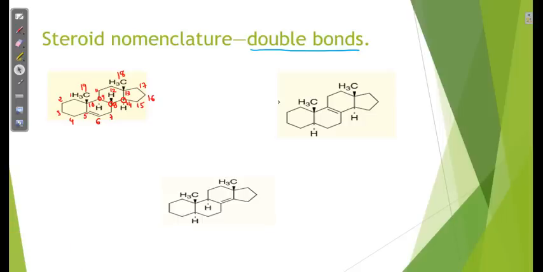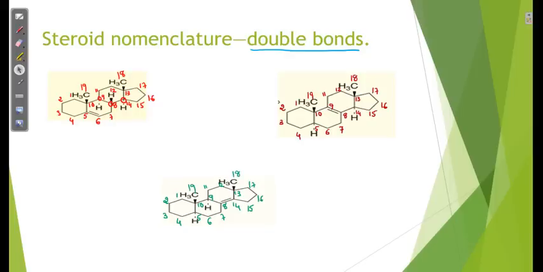Again 1 through 19. Let us take a lower one also, numbering 1 to 18, and this is our 19.